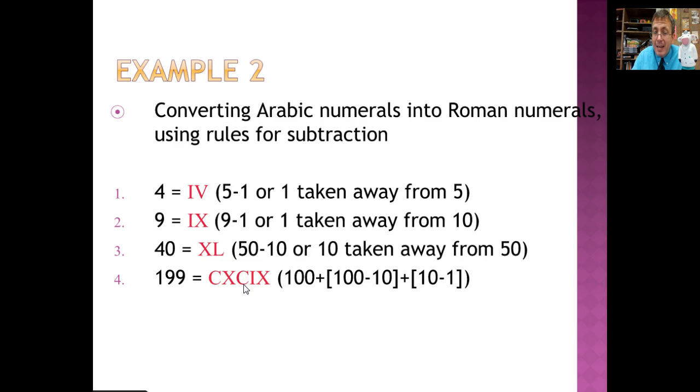XC is 90, and then 9. So if you just simply basically understand that it has to be grouped according to numbers, and then you have to group them according to what the Romans would consider an order of operation. So the largest number first, that would be the C, the next largest, XC, 90, and then finally the 9.